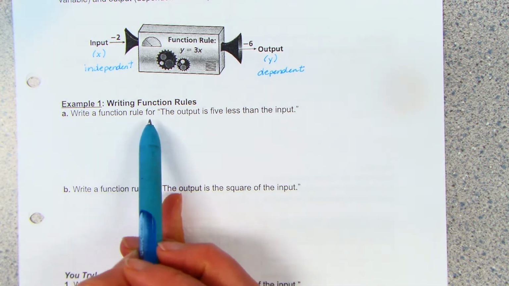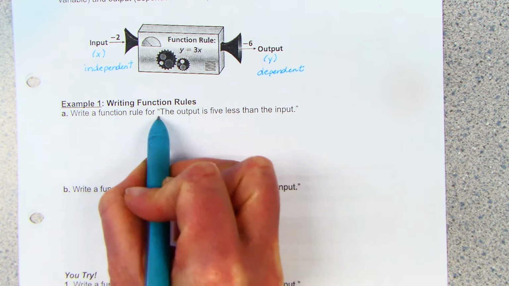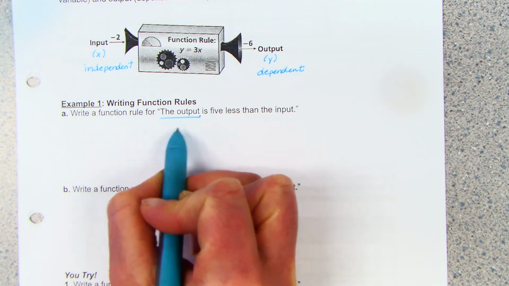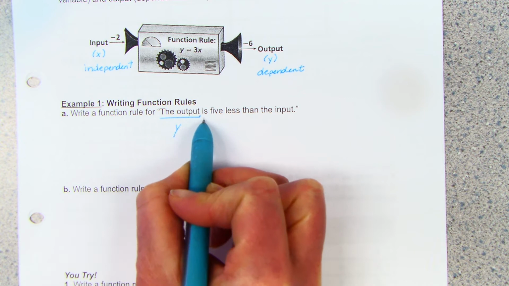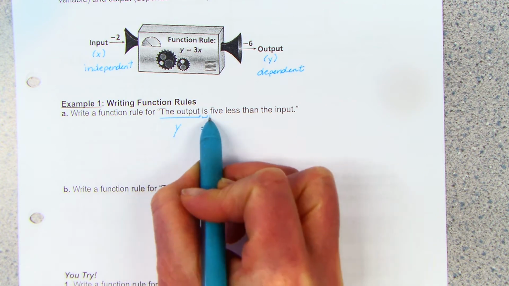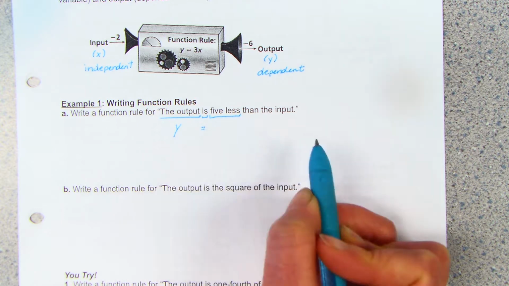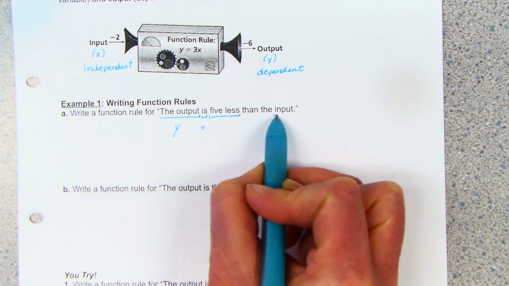Write a function rule for the output is 5 less than the input. Well, I know that the output, that's the y, equals 5 less, that's subtraction, but it's 5 less than the input.